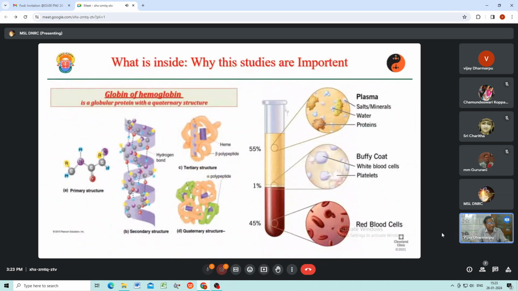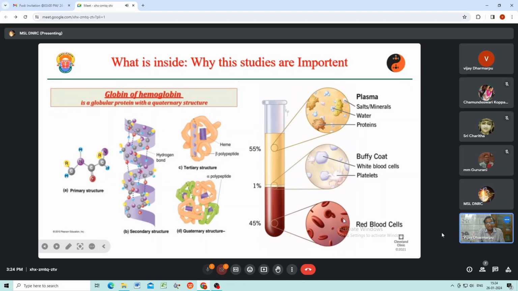Similarly, we take one drop of human blood or any blood. That blood contains cells. The cells are mixed with plasma and buffy coat, and these are the contents of blood. The blood has different contents, and I take only one red blood cell.